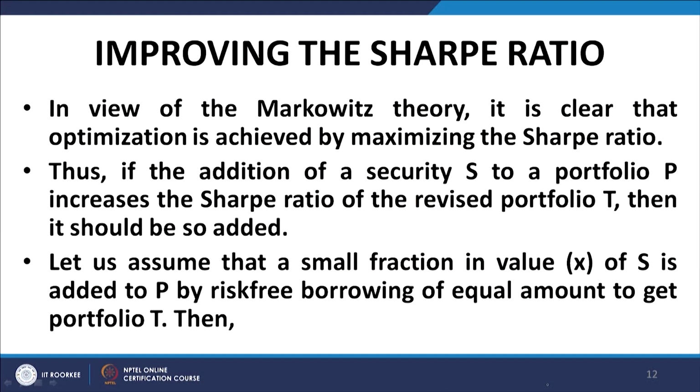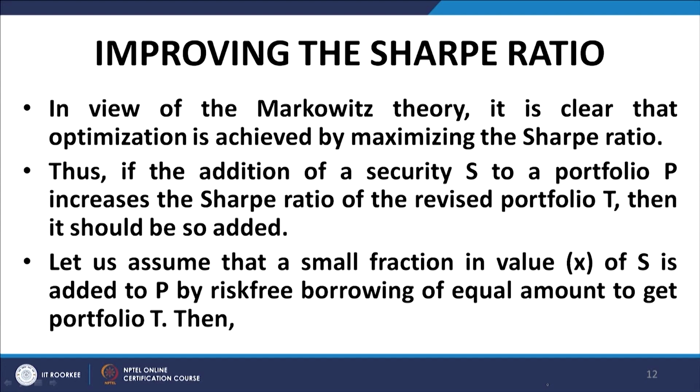Now, let us go back. If we recall the Markowitz optimization formulation, Markowitz optimization was achieved by maximization of the Sharpe ratio. When we reached a stage where the Sharpe ratio was maximum, we said that the portfolio is the optimum portfolio.